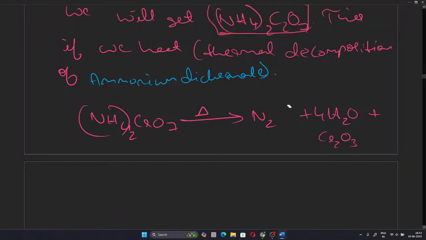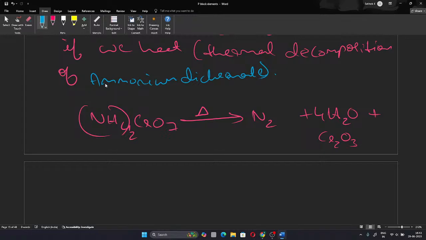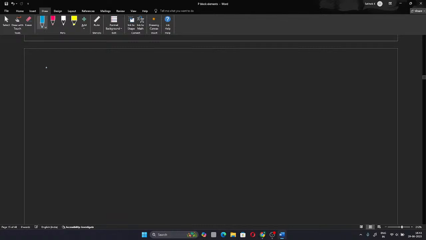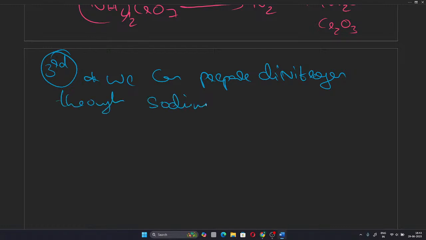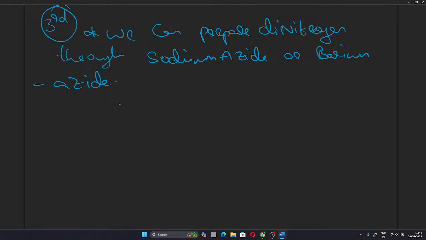This is the second preparation method, and the next, third preparation method, is that we can prepare dinitrogen through sodium azide or barium azide, through thermal decomposition.